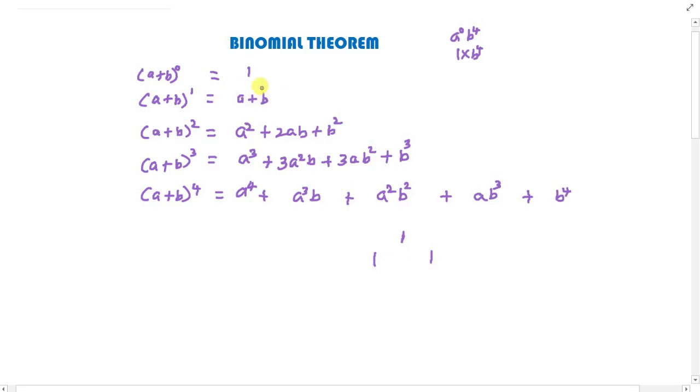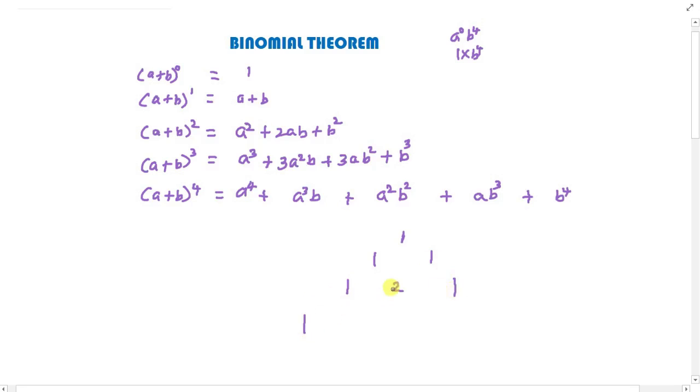The coefficient of a is 1, the coefficient of b is 1. Next, 1, the coefficient of the first term. Then for the second term I am adding these two numbers, 1 and 1, 1 plus 1, 2. Then I am writing 1 for the last term. Again I am writing 1, which is the coefficient of the first term.